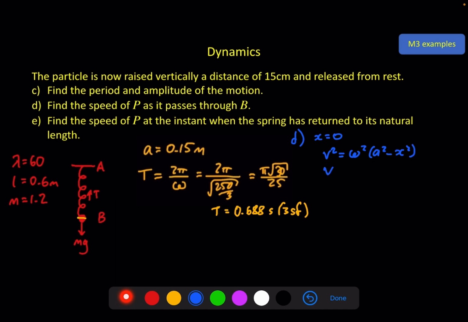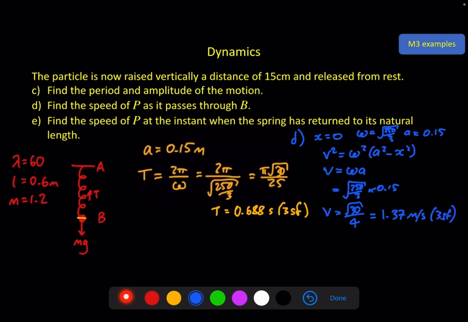So that collapses to v equals omega a, and we know omega is the root of 250 over 3, and a is equal to 0.15. So that's the root of 250 over 3 times 0.15, which gives us v equals root 30 over 4, or 1.37 meters per second to 3 significant figures.